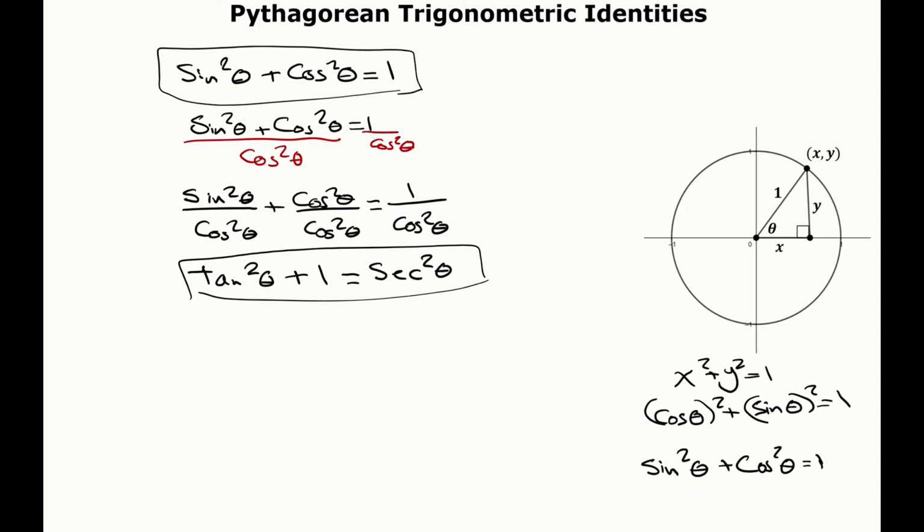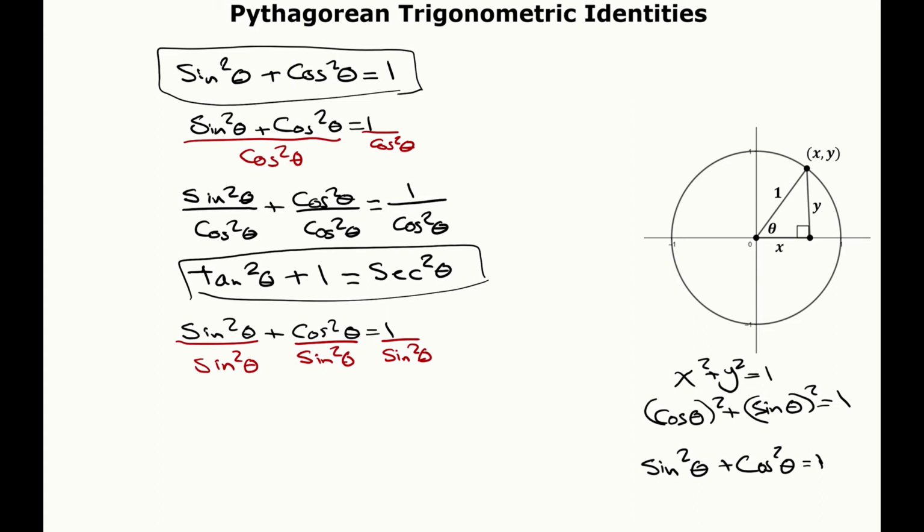This is the second one, which we have derived from the first one. And if we start with the first one again, and this time divide both sides by sine squared theta, then let me skip that one step and just go ahead and throw a sine squared theta under each of these, because we know that splits up. And on the other side we have sine squared theta.